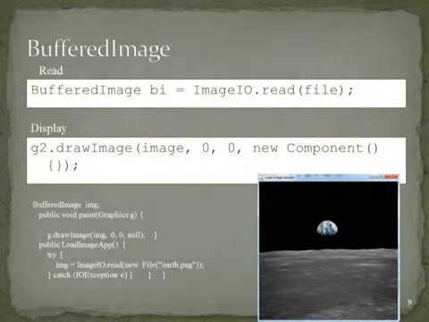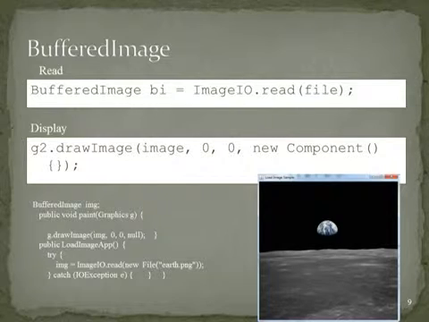Here we see how to read an image. To read an image, we use the ImageIO API that offers support for direct reading and writing of buffered images.